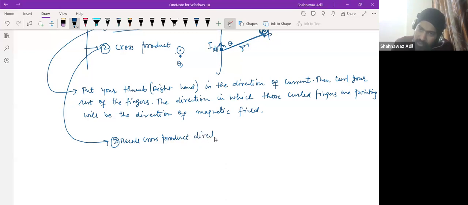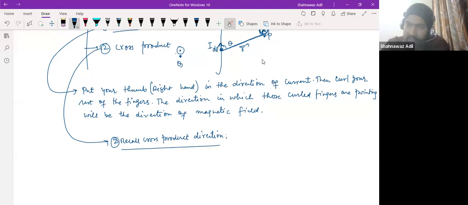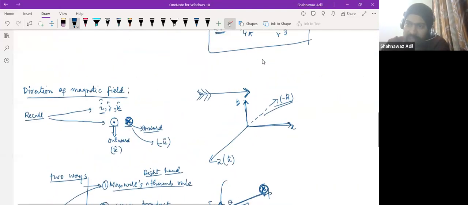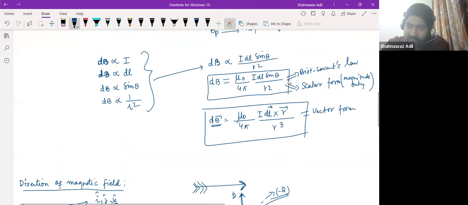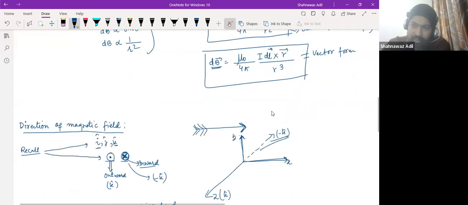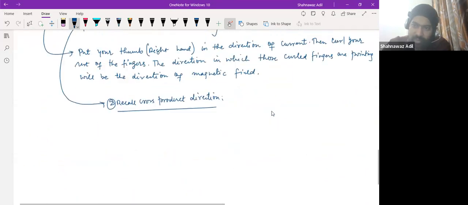How do we remember that? Do you remember what was the direction of the cross product? How do we calculate the direction in cross product?